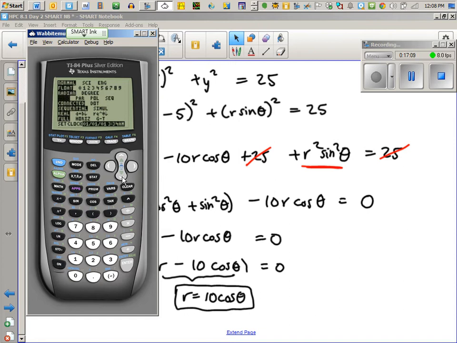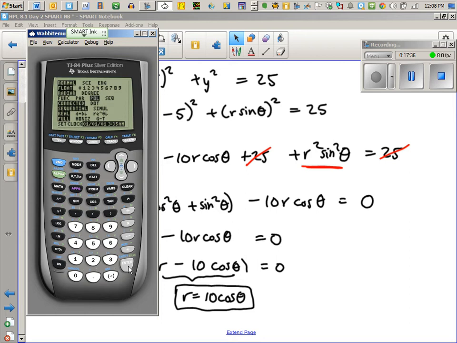Func, par, pol, sec, what is that stuff? We're going to choose polar, P-O-L, polar. Where is that on the other calculator? For you, you press mode, and I believe it'll say function. Yeah. Push your right arrow and go down to choose polar.